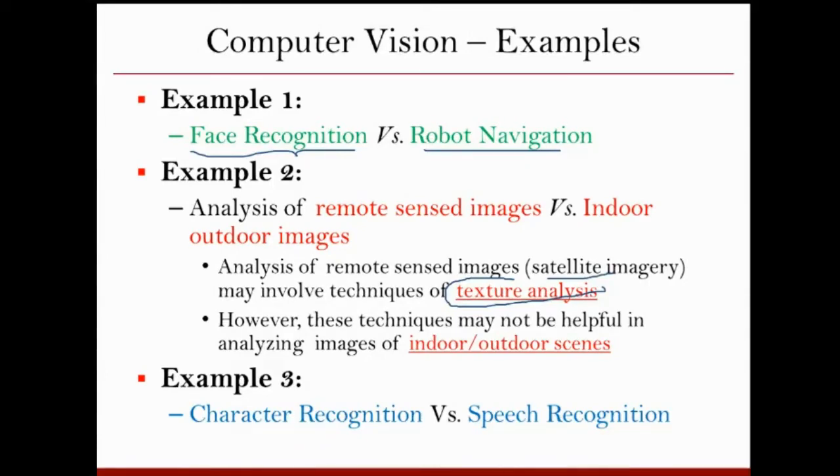But that textural analysis will not be suitable for classifying indoor and outdoor images, because in that case your images might be very different compared to remote sensed images. So whatever you apply for remote sensing may not be applicable for classifying indoor and outdoor images.